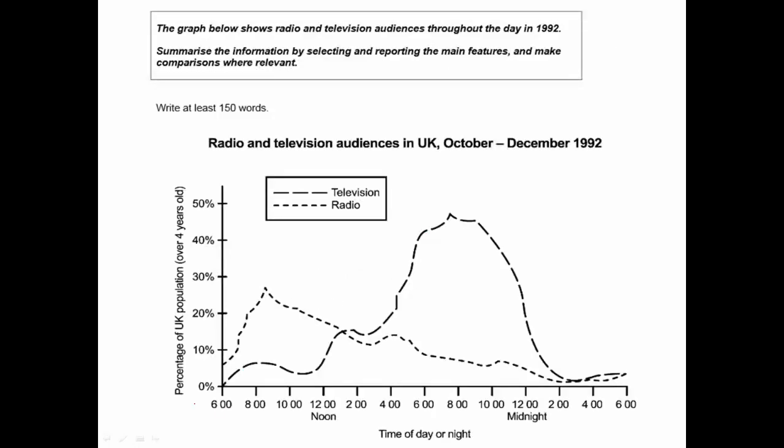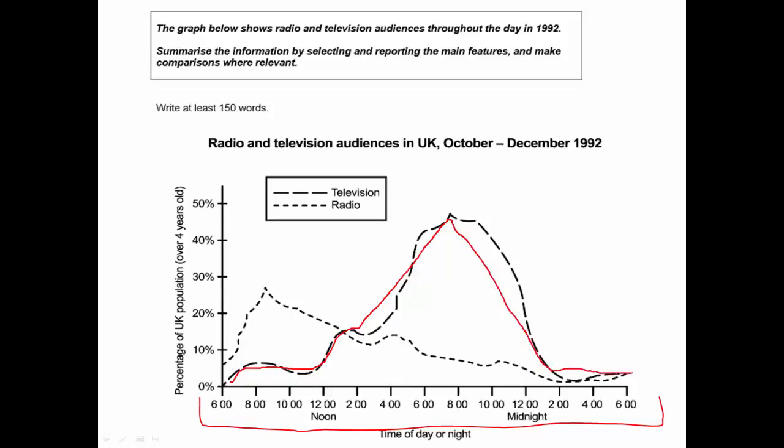The biggest mistake that people make on this question is they see that it's over time, so they start looking for general trends. So they would say people don't watch TV very much in the morning, and then it starts to peak at around 2, and it peaks at around 8 p.m, and then it falls down sharply to 2 a.m, and then remains relatively stable.